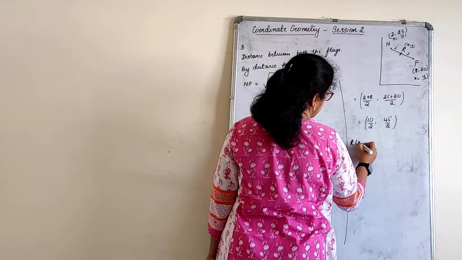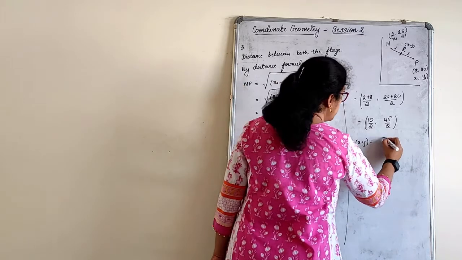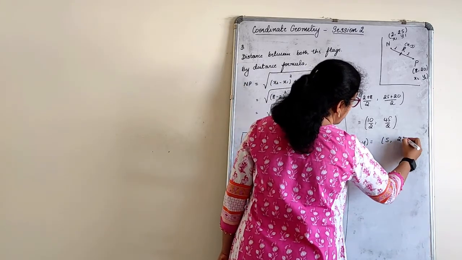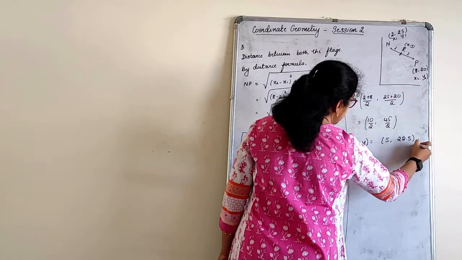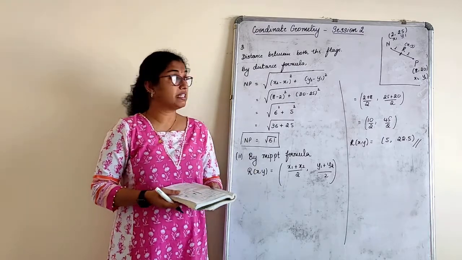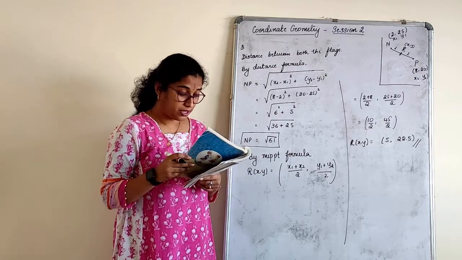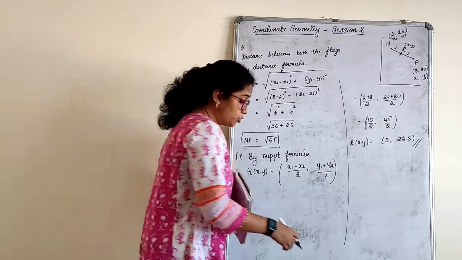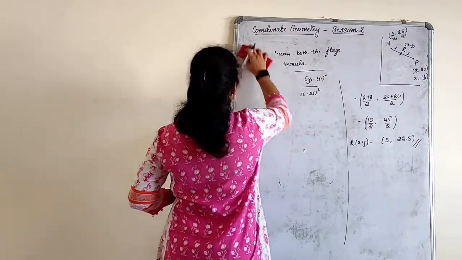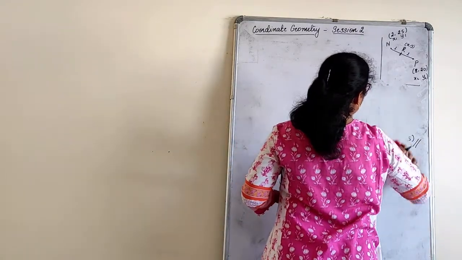Therefore, R, the coordinates of Rashmi, where she is going to post the flag, is 10 by 2 is 5, comma 45 by 2, 2 2s are 4, 2 2s are 4, 2 5s are 10, 22.5. Yes, very simple sum. Only thing you have to understand is that you need to draw first of all. That's very important, children. Each sum here, without drawing a rough figure, I don't think it will be possible to analyze and to understand.